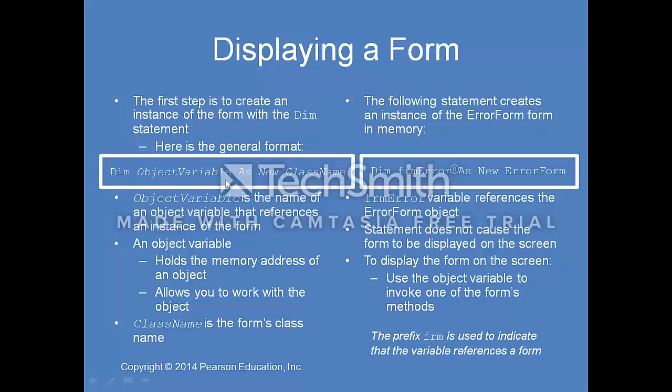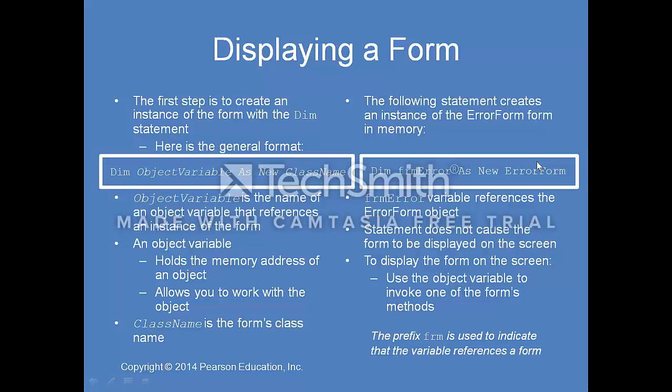We do it this way. Dim is a keyword, we need to use that. Then we use the variable name, then the new keyword, which we didn't see before. Then we put our class name. So this is the variable name and this is the class name. By executing this line, we create a variable or instance of this class in memory so we can call it.